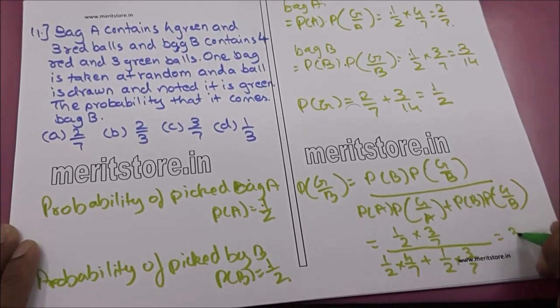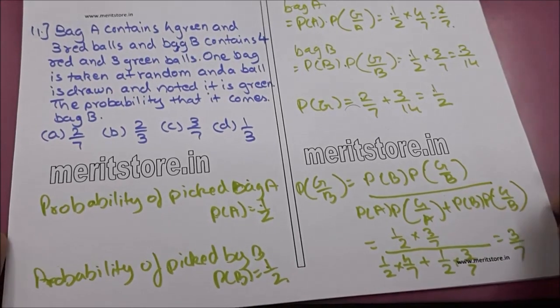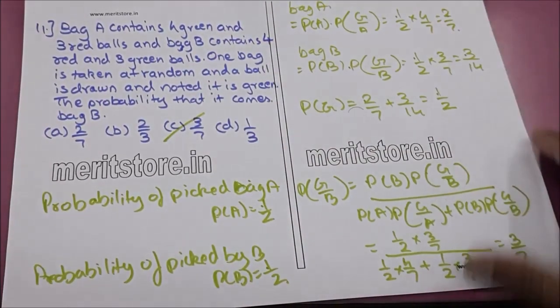We solve this, we get 3 by 7. Therefore, option C is the correct answer.